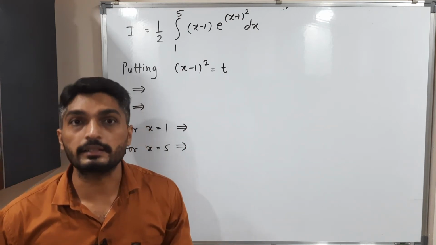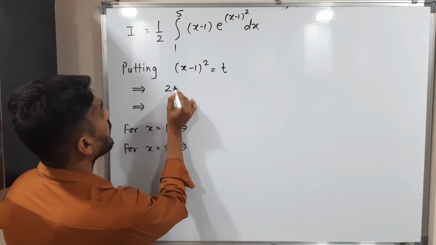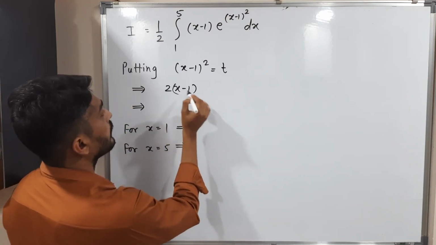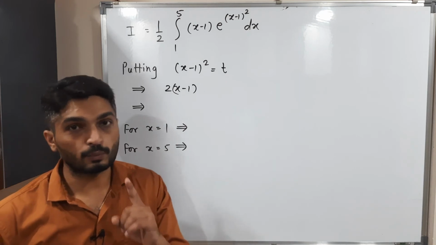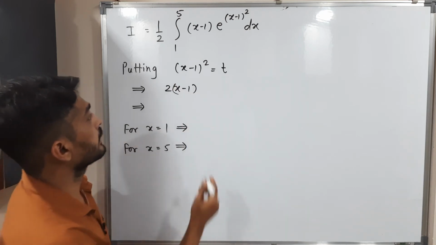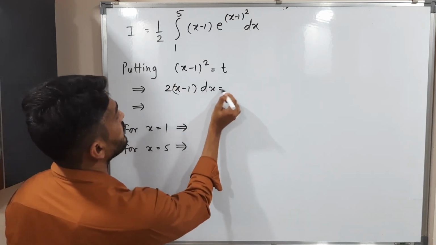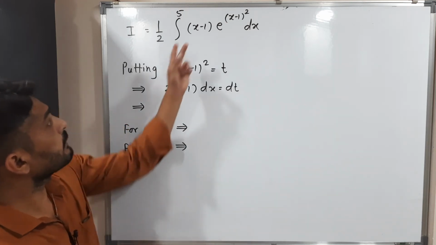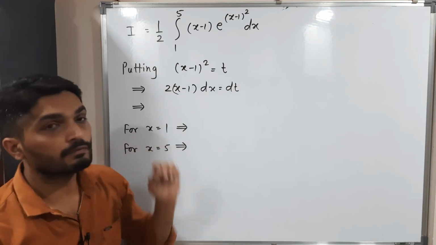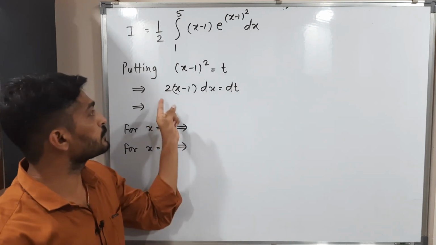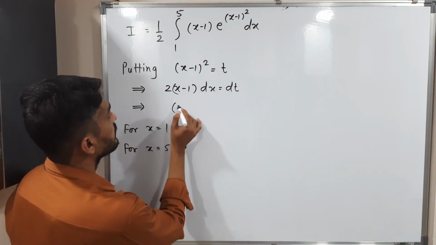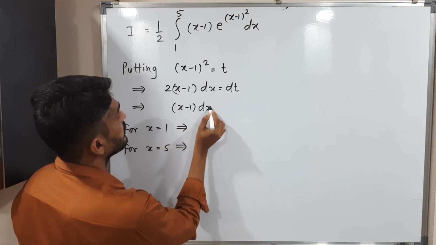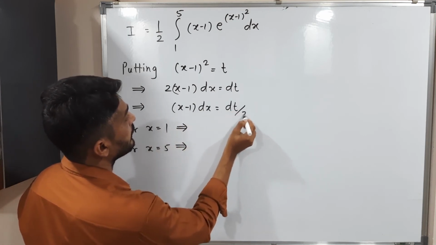Similarly, its derivative will be 2 times x minus 1, and again the derivative of this bracket, which is 1. After that we write dx, and on that side we write dt, since the derivative of t is 1. Fortunately we have x minus 1 dx, the same term. So I will shift this 2 to that side. So we will have x minus 1 dx is equal to dt by 2.